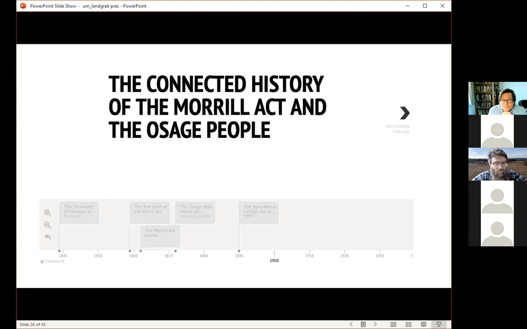Vox looked specifically at Mizzou's Morrill Act footprint and its relationship to the Indigenous communities that it received land from, which was the Osage in this case. Using these simple timelines, they added context to the data, revealing that through miscommunication and deceptive practices, the Osage ceded all of their land to the federal government and were forced to move to Oklahoma, making the land available to the University of Missouri.